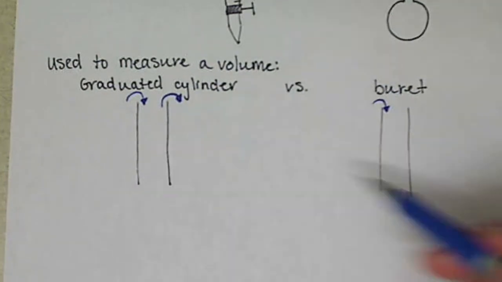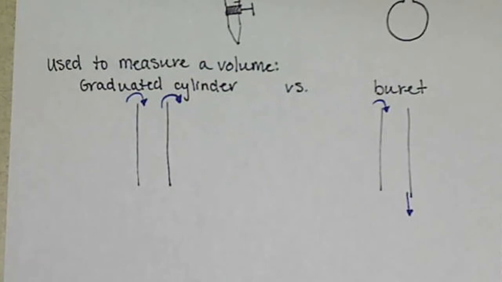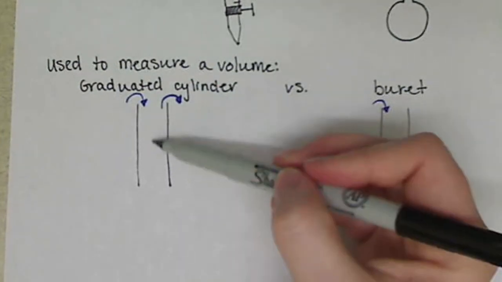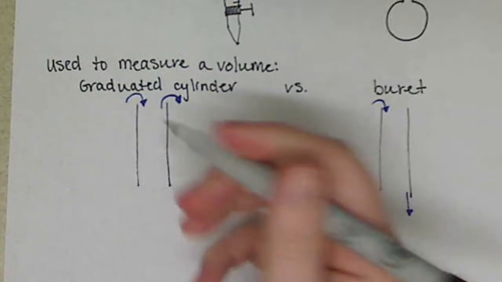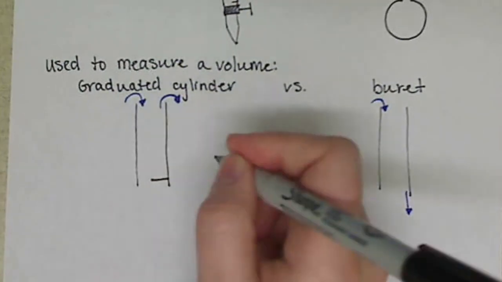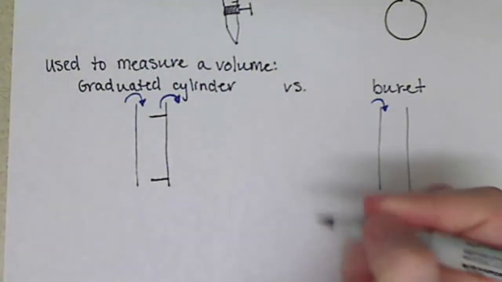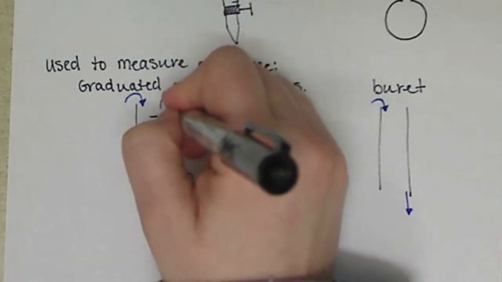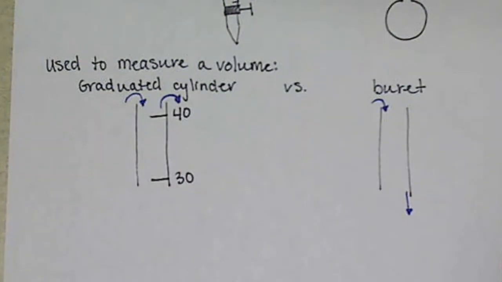The reason that I distinguish between these two is that's going to tell us how we read our volume markings. On a graduated cylinder, because we're pouring in and then pouring out, our volume readings are going to read up. So let's say this is 30, and that's a 40 milliliter marking.